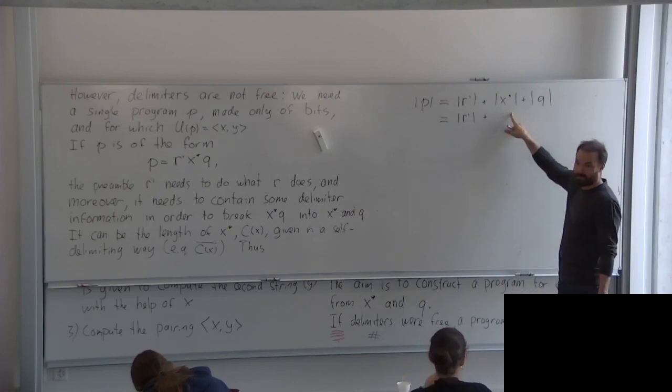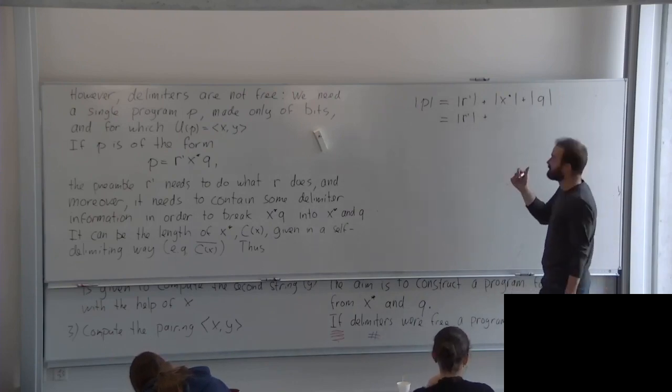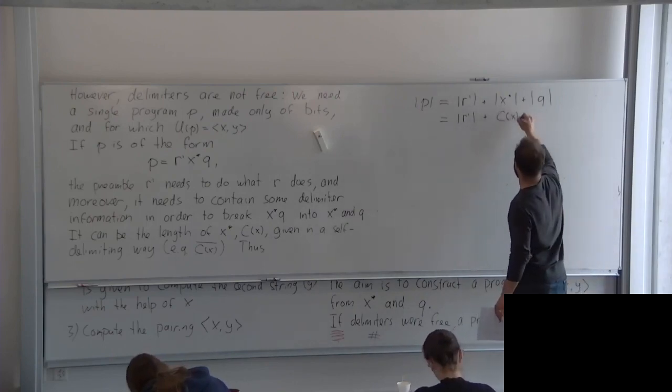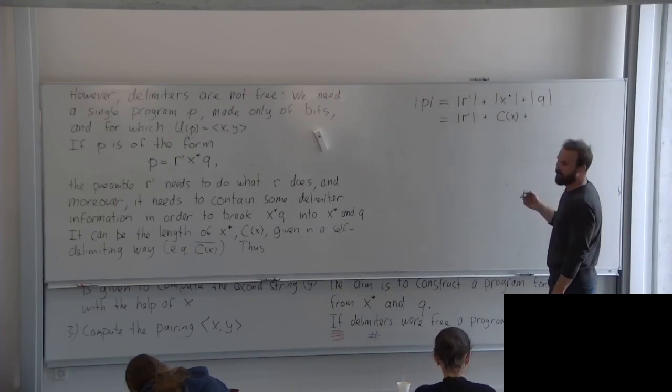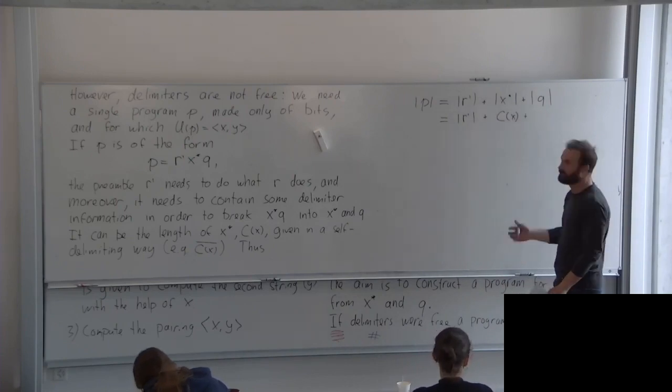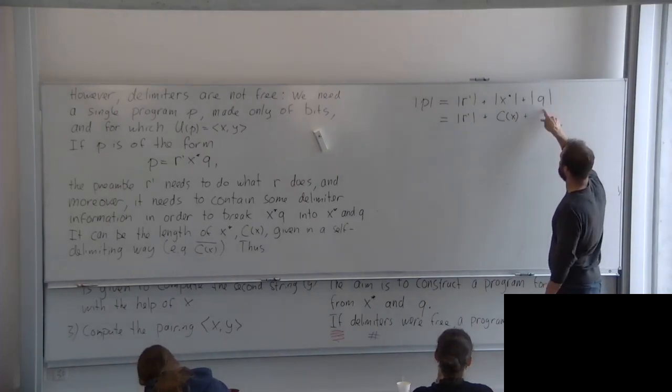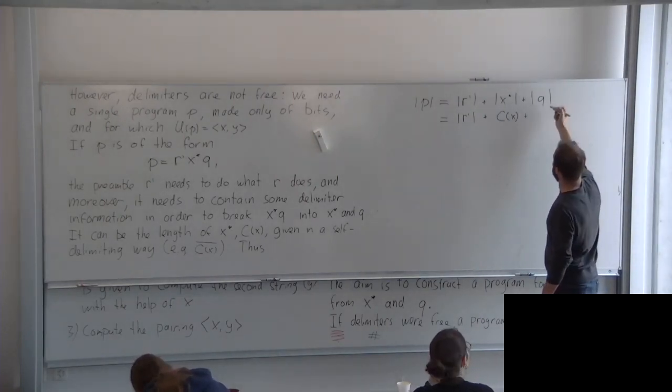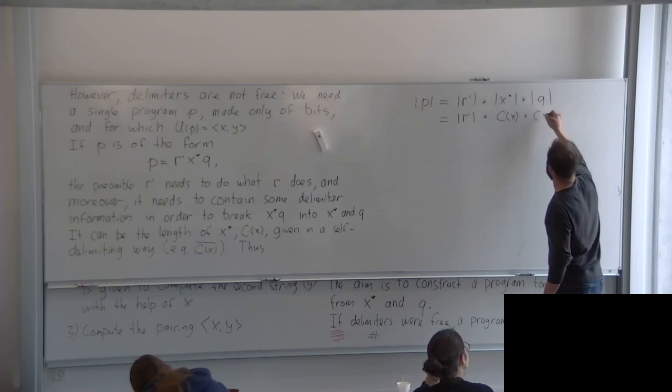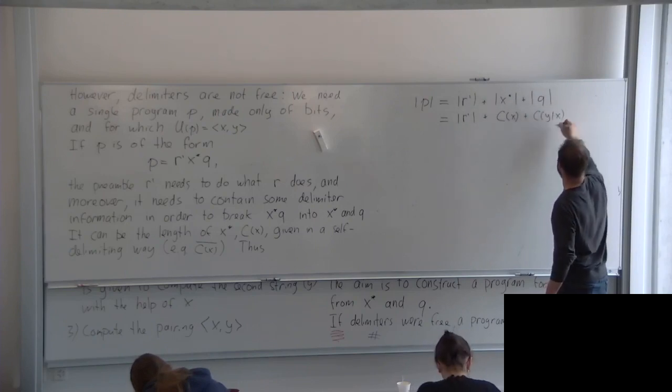But the length of x star is by definition c of x. And the length of q, by my definition of q, it was the witness of c of y given x. So the length of q is c of y given x.